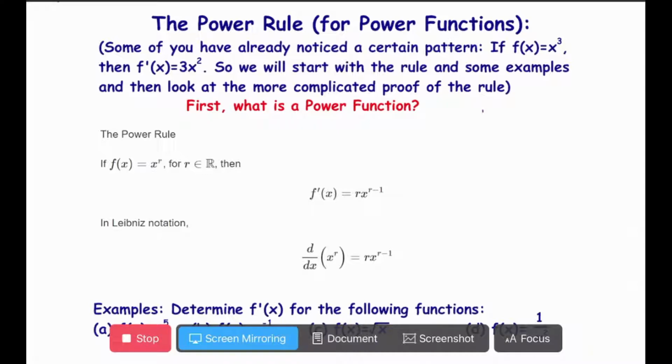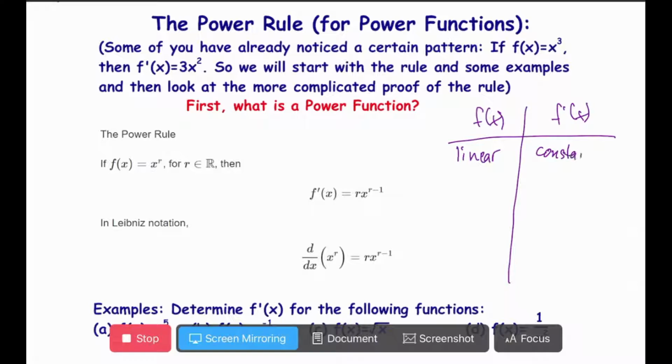And this is related to those ideas we looked at earlier, where if I had a linear function, then the derivative was a constant value. And if I had a quadratic function, then my derivative was a linear function. And if my function was cubic, then its derivative was quadratic. And if my function was quartic, then its derivative was cubic.